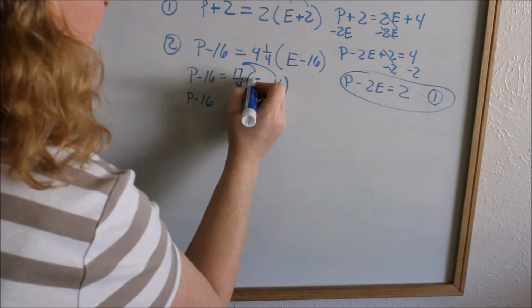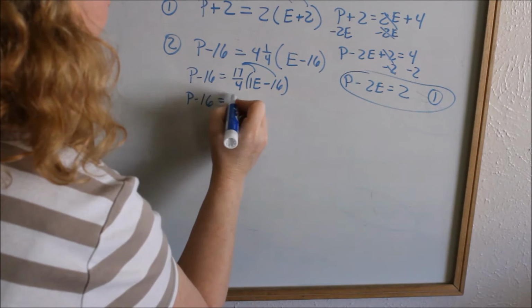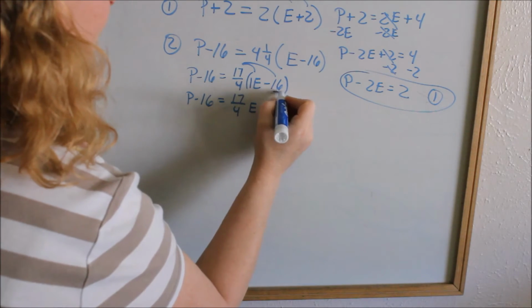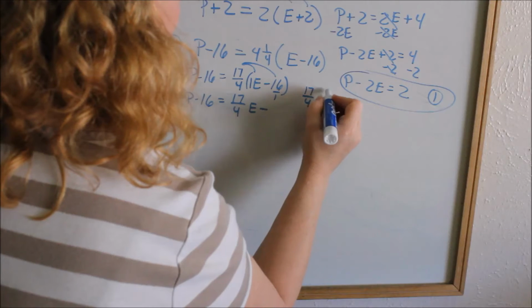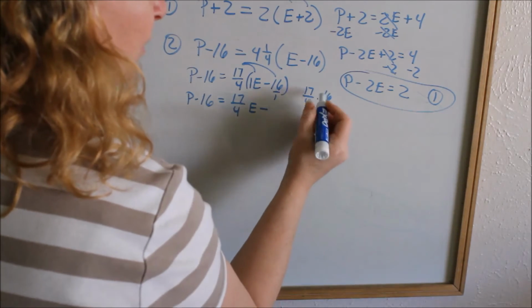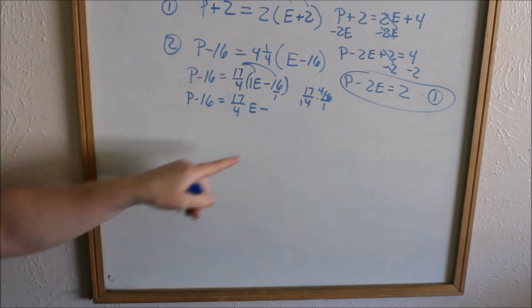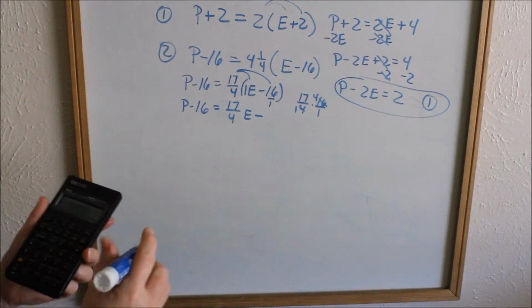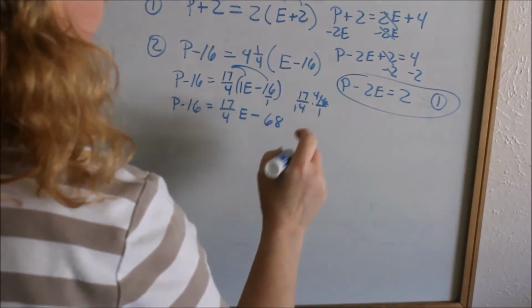There's like a 1 in front of here, so it would be 17 over 4E minus, this is like a 1. So this is like 17 over 4 times 16 over 1. Do you see how my 4s become 1 and that leaves out a 4? So that becomes 4 times 17. That's 68. All I did was write the fractions off to the side.